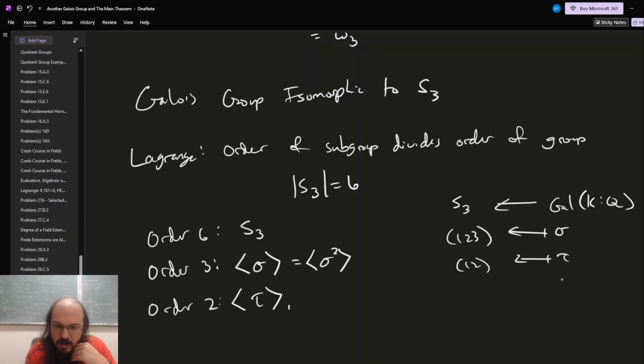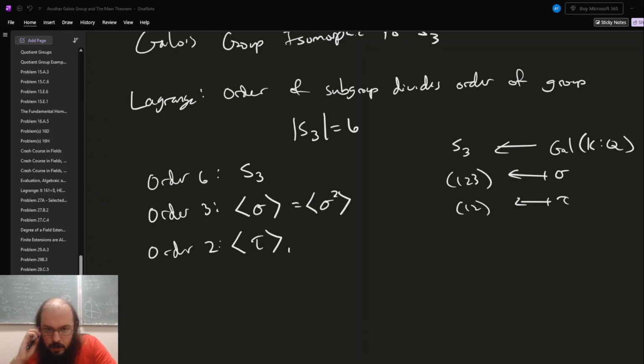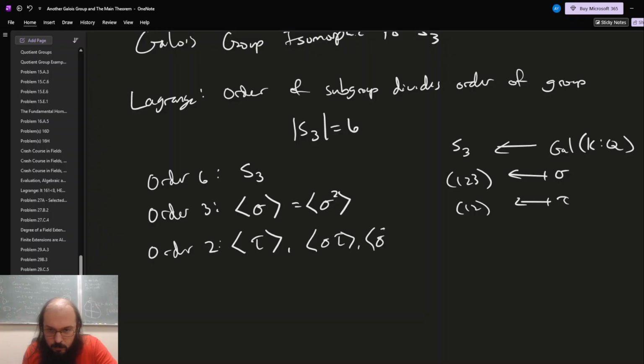In order to check if this is an isomorphism, I'd have to work with sigma and tau a little bit more anyway. So I think it makes some amount of sense to convince ourselves, for example, that sigma squared tau, sigma tau and sigma squared tau are also order 2.